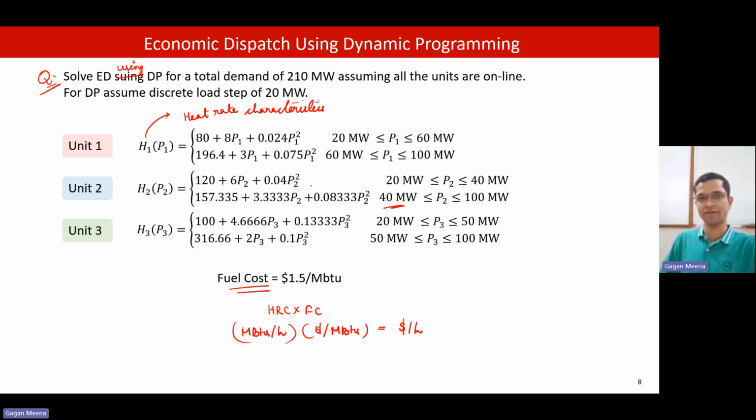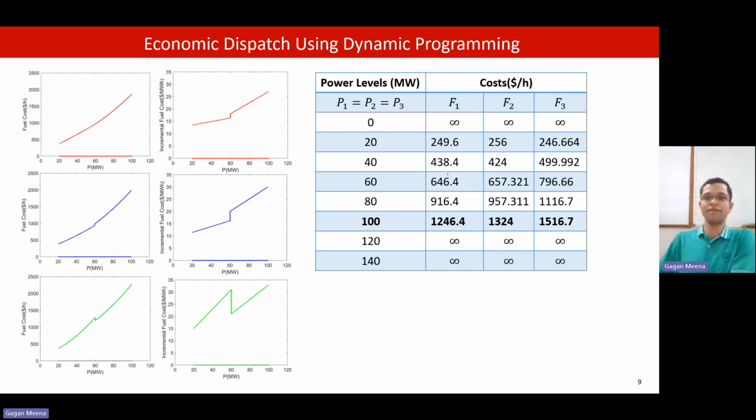For 40 I have used this, but I should have used this. So something will change, but not much. Here we can see F2, it is 256. It should not be that, it should be more than 424.